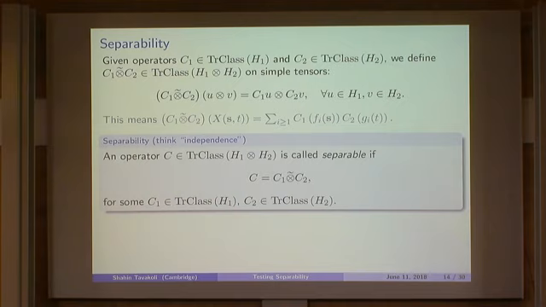And you say that an operator C on H1 tensor H2 is separable if you can write it as a tensor product, usually also called the Kronecker product, of C1 and C2, C1 being on H1 and C2 being on H2. So really this is the same thing as a Kronecker product, but in infinite dimensions.